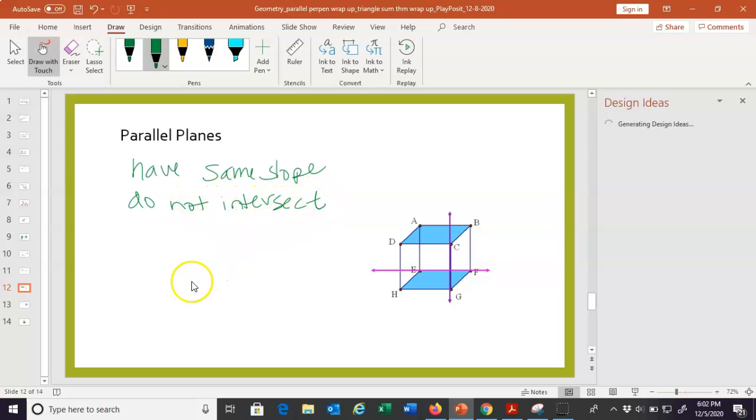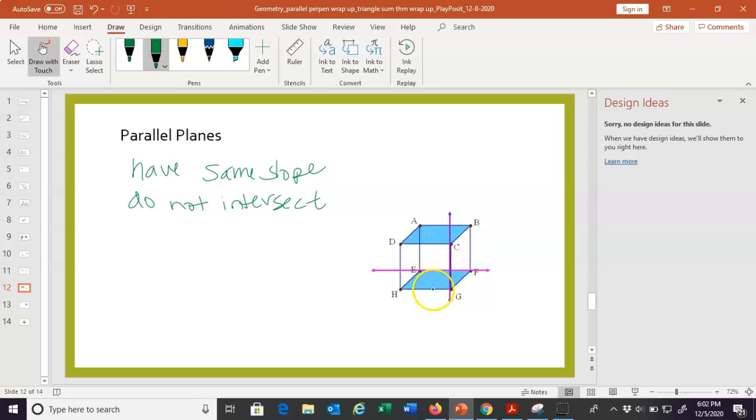I'm going to bring back my sandwich. I feel like I talk about sandwiches a lot in class. You can imagine the blue square is the top of the sandwich, ABCD, and EFGH is the bottom. Those are parallel planes. Those planes are never going to cross.